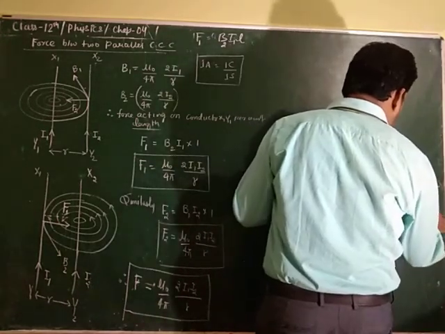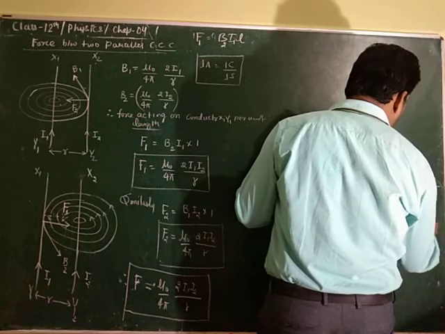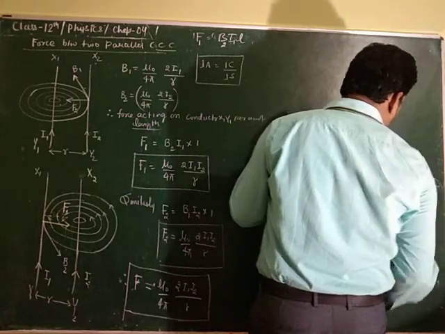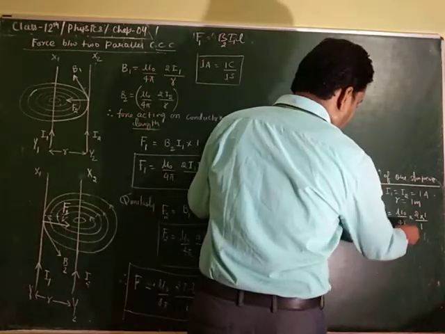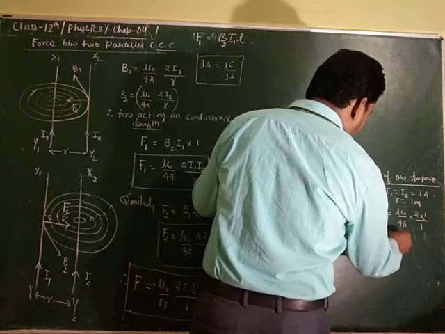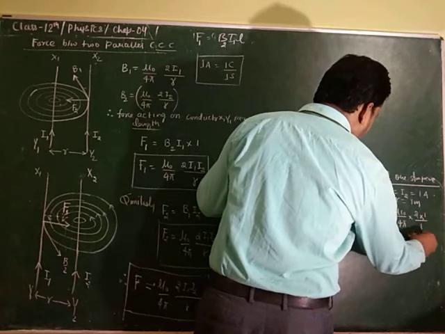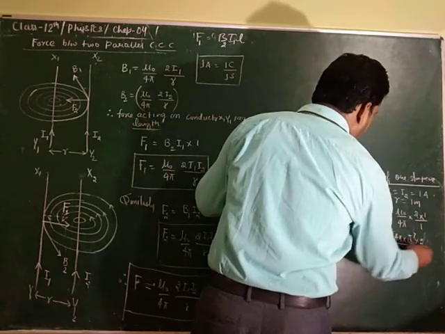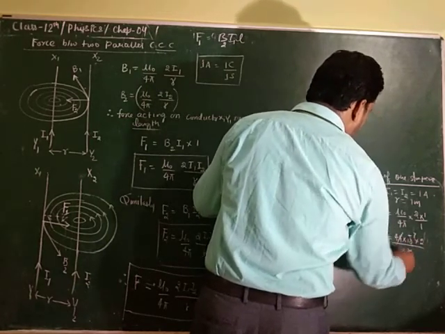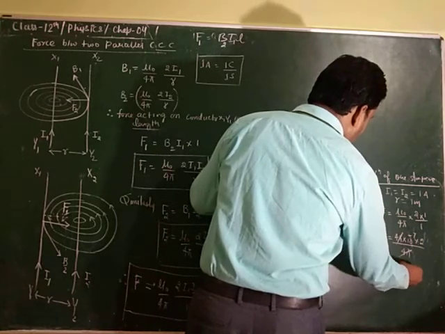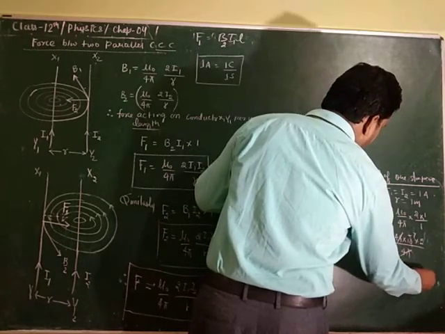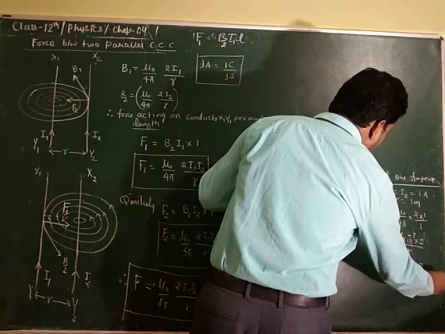So it becomes 2 into 1 divided by 1, that is equal to 2 only. So what is the value of mu naught? Mu naught has a value 4 pi into 10 to the power minus 7, into 2, divided by 4 pi. 4 pi cancels, so force is equal to 2 into 10 to the power minus 7 Newton.